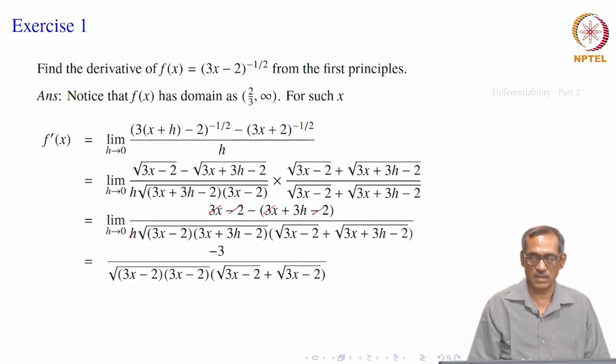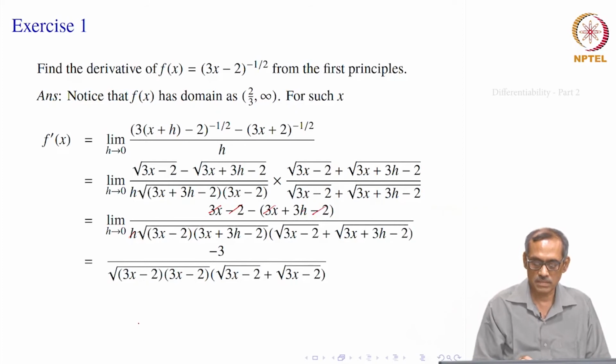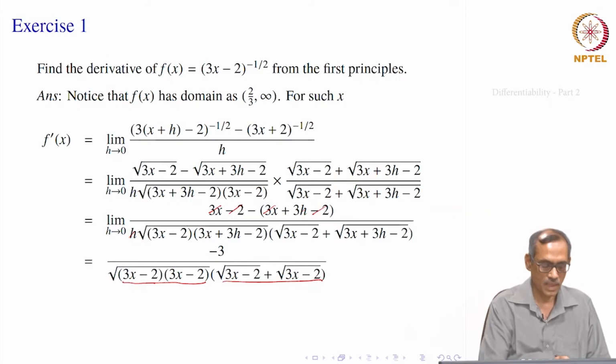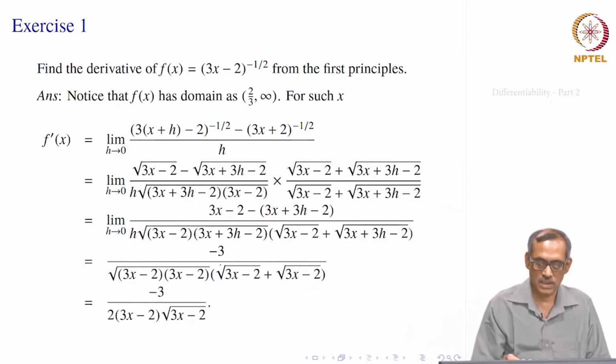So, we get minus 3 on the top, and down we have the two other expressions, which when h goes to 0 give rise to square root of 3x minus 2 plus square root of 3x minus 2. And it is just a simplification of that.